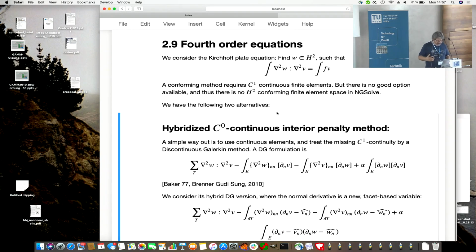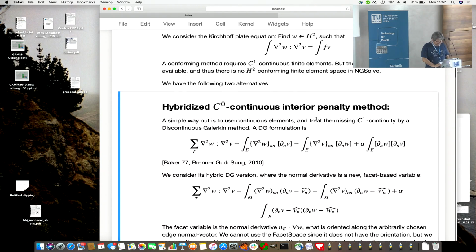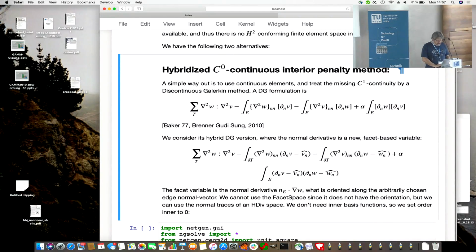But we have two possibilities for how to discretize these fourth order problems. One is the zero continuous DG, where you use continuous finite elements and you treat the missing continuity of the normal derivative by facet DG or by hybrid DG methods.